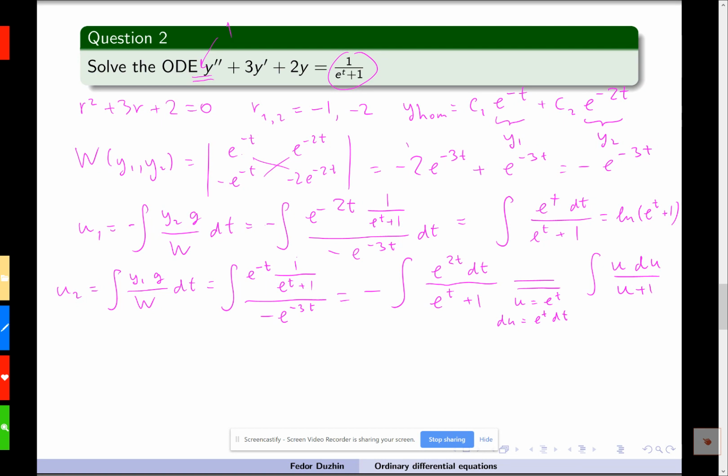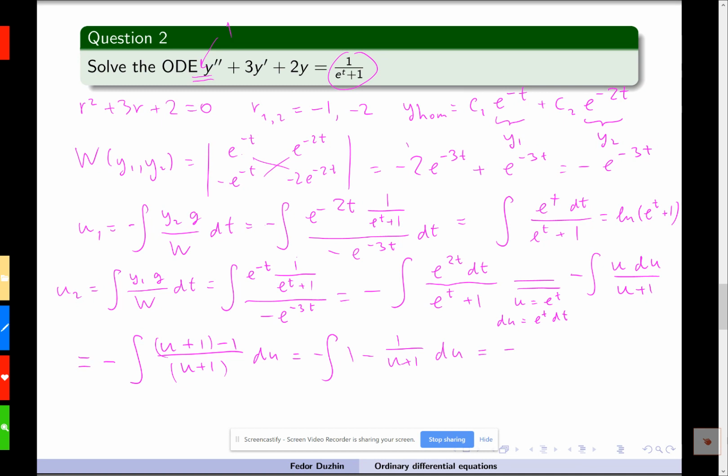All right, great. Of course, there should be the minus sign here. How do we do this? This is still minus. To do this, we need to do a simple trick. Add plus 1 minus 1 here, divided by u plus 1 du. This is minus. u plus 1 over u plus 1 is 1. So this is 1 minus 1 over u plus 1 du.